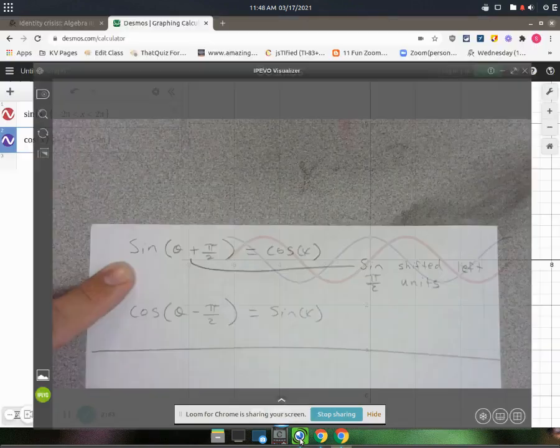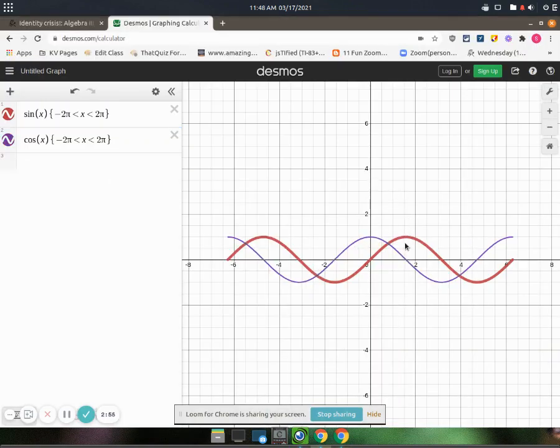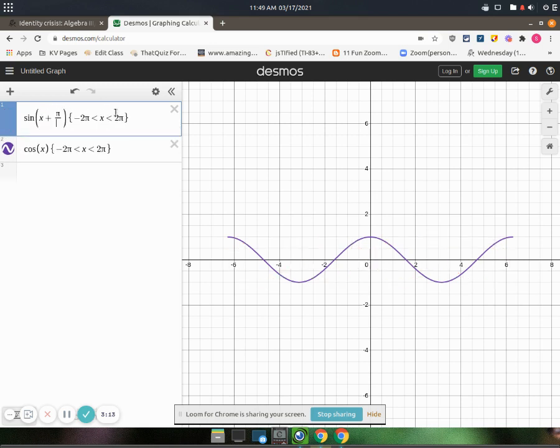So take your sine function, your red one, and if you see where pi over 2 is right here, that's my x value. If I take this and shift it to the left pi over 2 units, it's going to line up with that purple one. So I take this and add pi over 2 units, I'm right on top of the purple one.